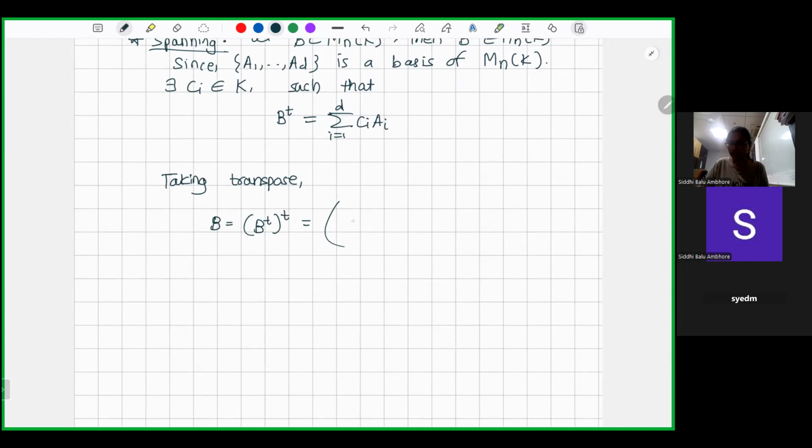And what is B transpose? It is (summation i from 1 to d ci ai) whole transpose, and this will give me summation i from 1 to d ci ai transpose.